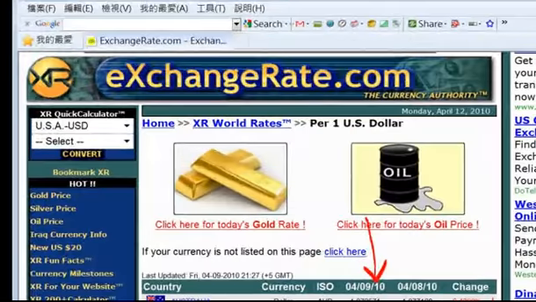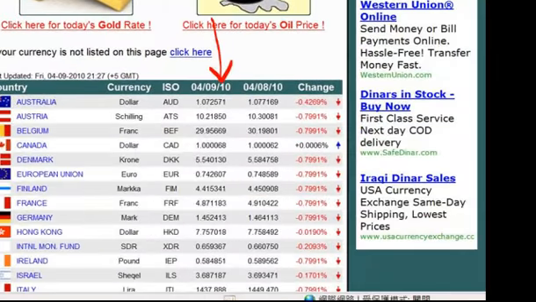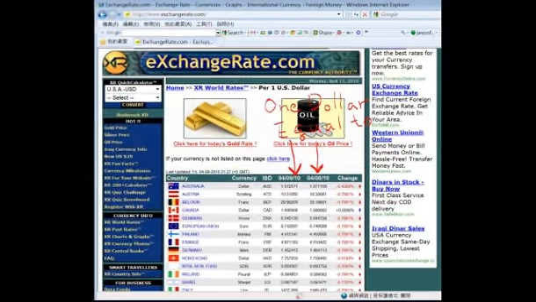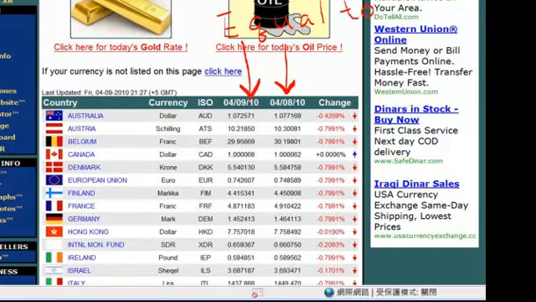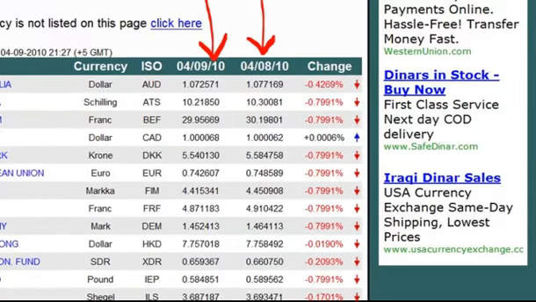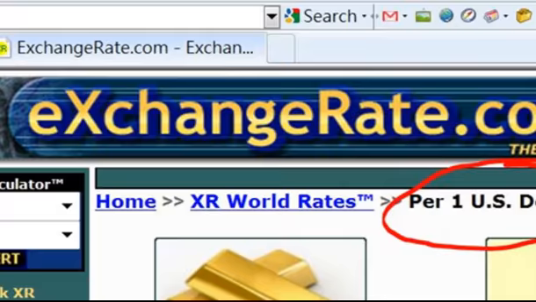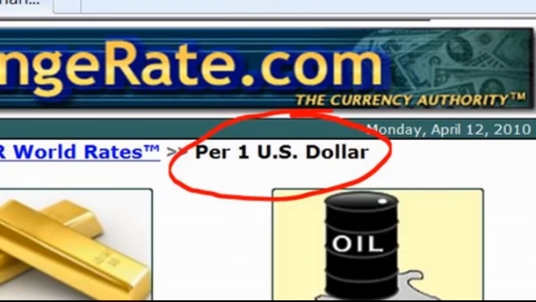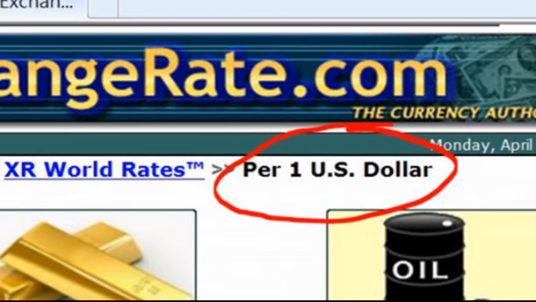Third is today's price. Fourth is yesterday's price. Then you have the difference between yesterday's and today's price, which is the change. All prices are quoted per $1 US.